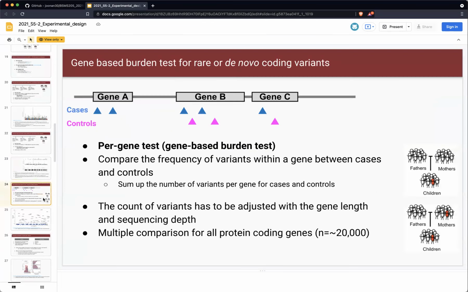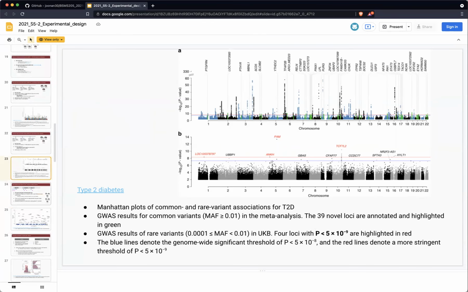Okay. Another point is that, in the example of type 2 diabetes, the same disorder can be affected by either common variants or rare variants, or by both rare variants and common variants, right? So even if it's the same disorder, the constitution actually contains different parts from different genetic factors.